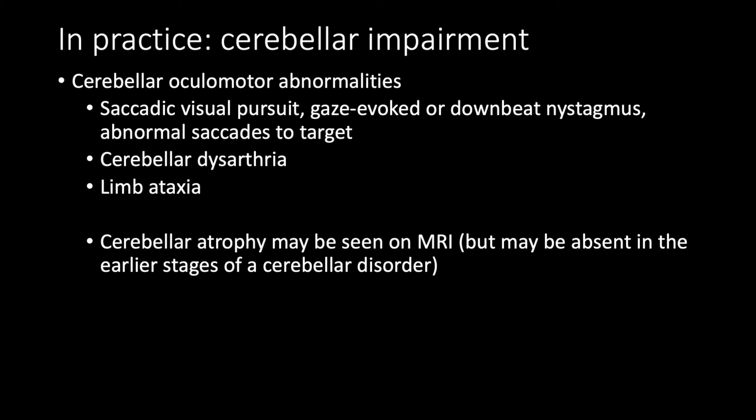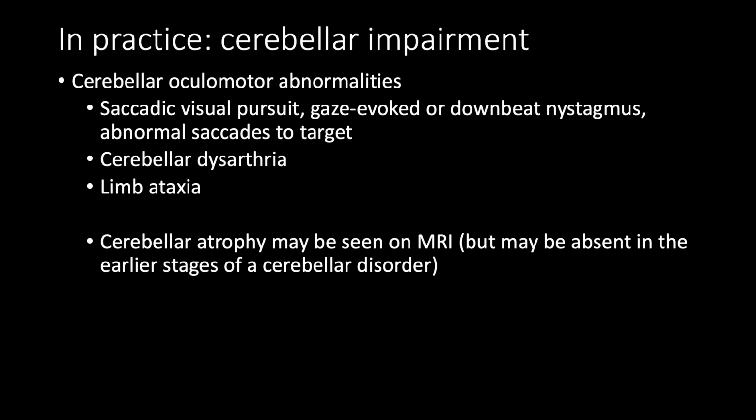So in terms of cerebellar oculomotor abnormalities, we'll look for saccadic visual pursuit, gaze evoked or downbeat nystagmus, as well as abnormal saccades to target. We listen for cerebellar dysarthria, and as previously mentioned, we look for limb ataxia.